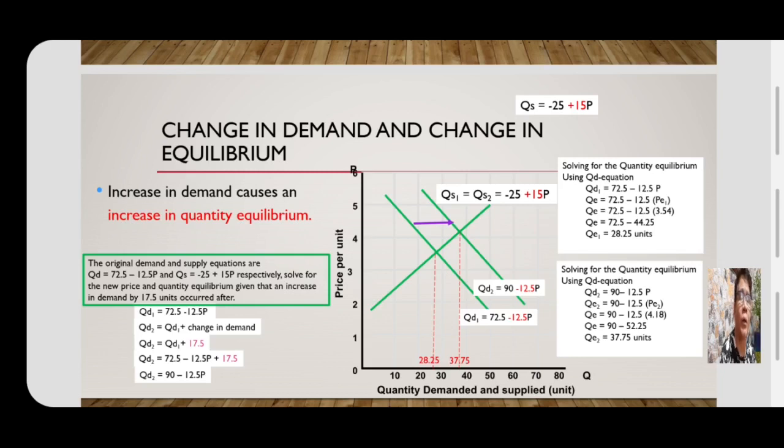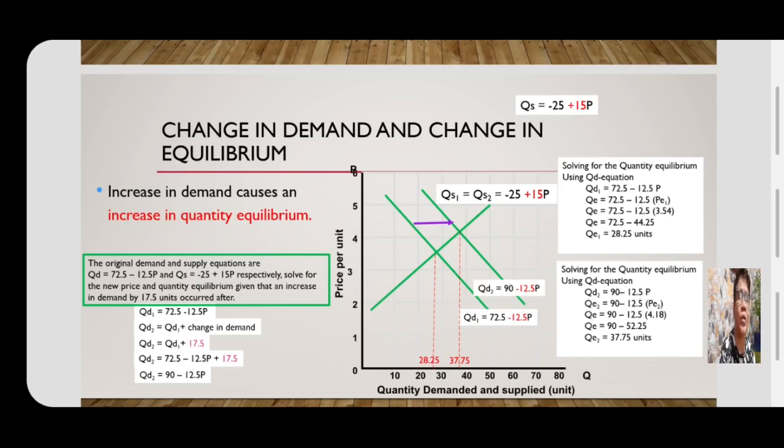Now, if we substitute the original price equilibrium into the P of the original demand equation, what we can derive is the original quantity equilibrium.